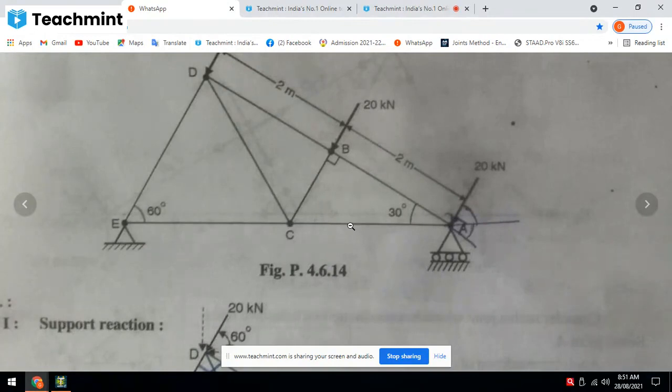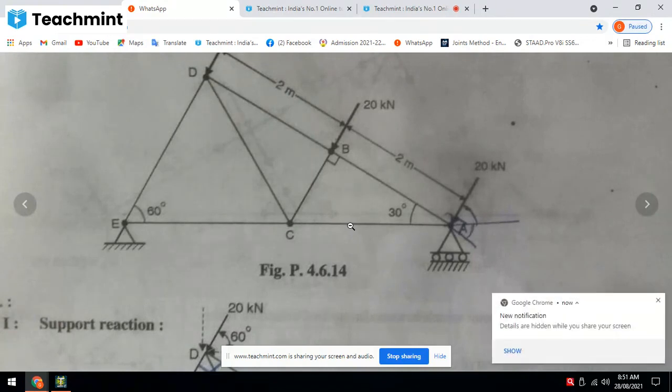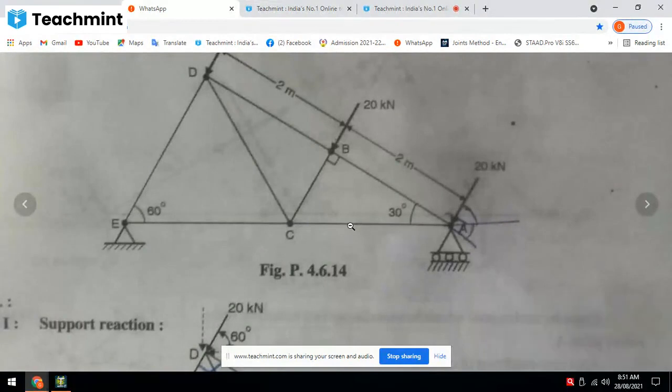Can anyone find out the value? First of all, I will find out the value, and only then will we create the model. Wait, I am calculating the value. 2 meter is the adjacent side, angle is 30, so BAC: cos 30 is 2 meter by hypotenuse AC.